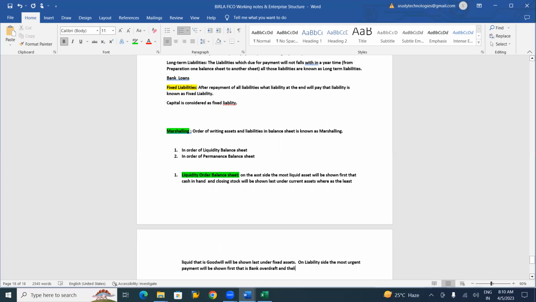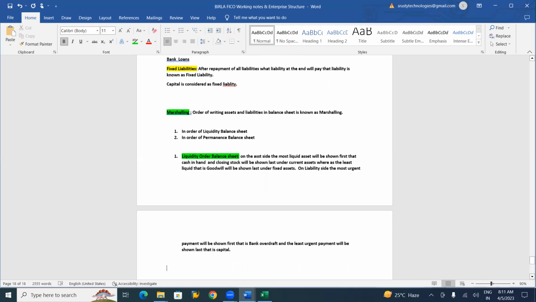And the least urgent payment will be shown last. That is capital. Okay. So on the liability side, the most urgent payment is shown first, that is bank overdraft, and the least urgent payment last, that is capital. Clear?